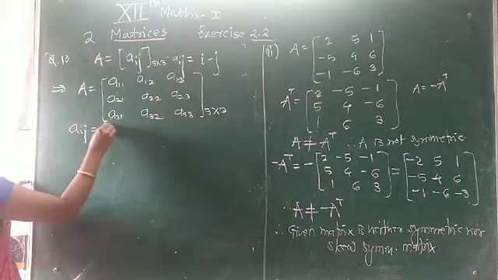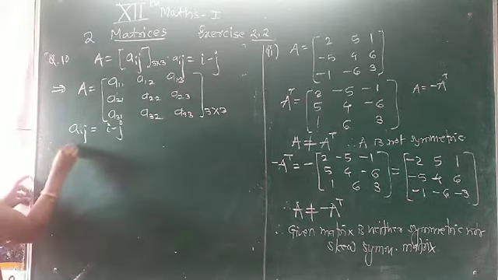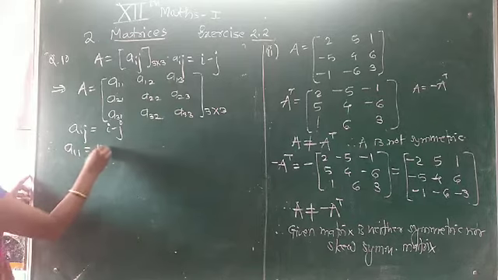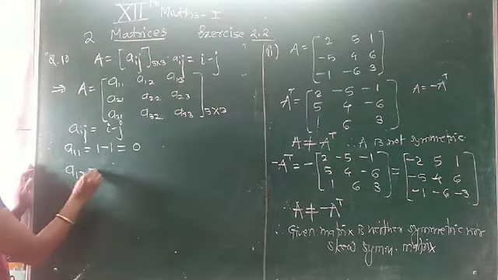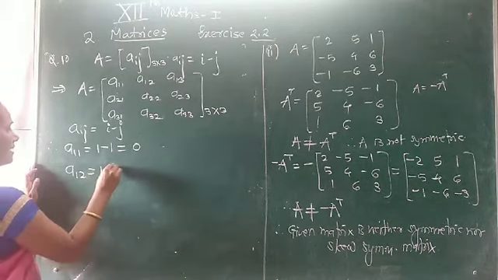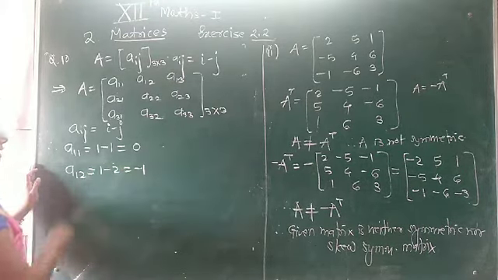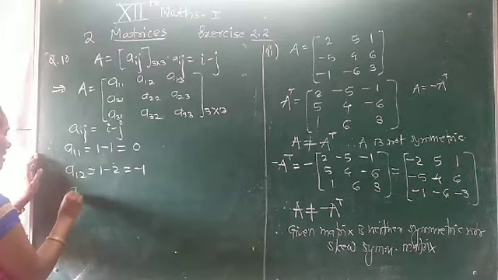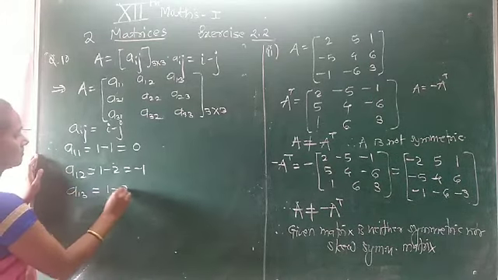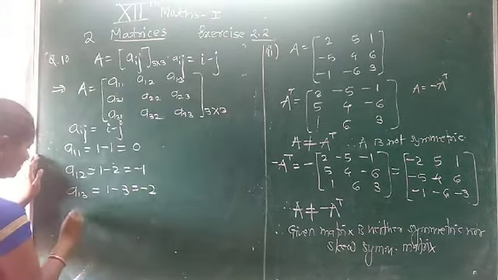Given Aij is equal to i minus j. Therefore, A11 is equal to 1 minus 1 is equal to 0. A12 is equal to 1 minus 2, that is equal to minus 1. The first number indicates i and second is j. A13 is equal to 1 minus 3 is minus 2.